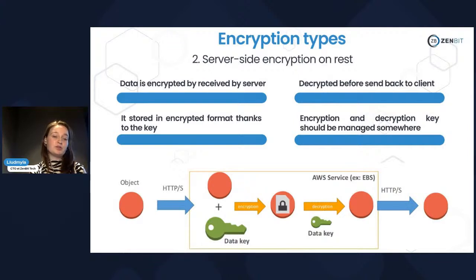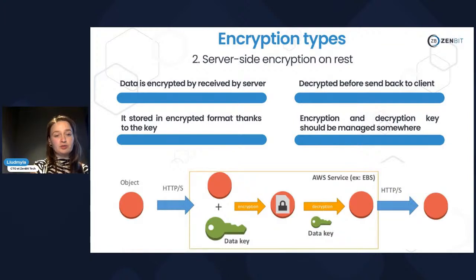Then, by using the same key, we decrypt and send it back, I would assume in most cases to a client, but anyway, send it further. As I said, it is received encrypted by the server and decrypted before being sent back.